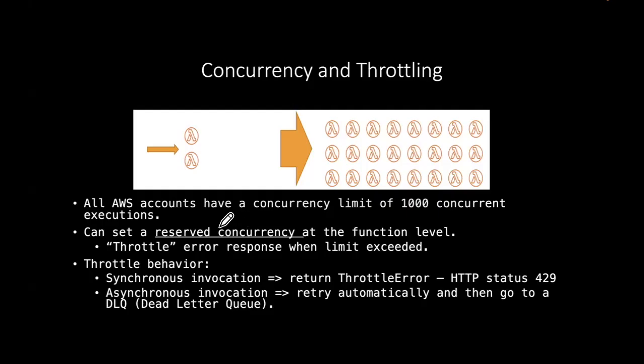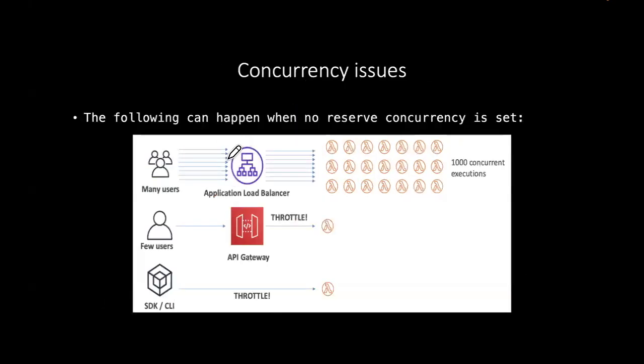So this idea of reserve concurrency is just something to be aware of that you can set at a Lambda level. Now, if you don't set it, then something like this might happen. Let's suppose I've got three applications in my AWS account. The specifics aren't that important, but let's say that one application has an application load balancer hooked up to a Lambda. Of course, the Lambda service is always in here between them.